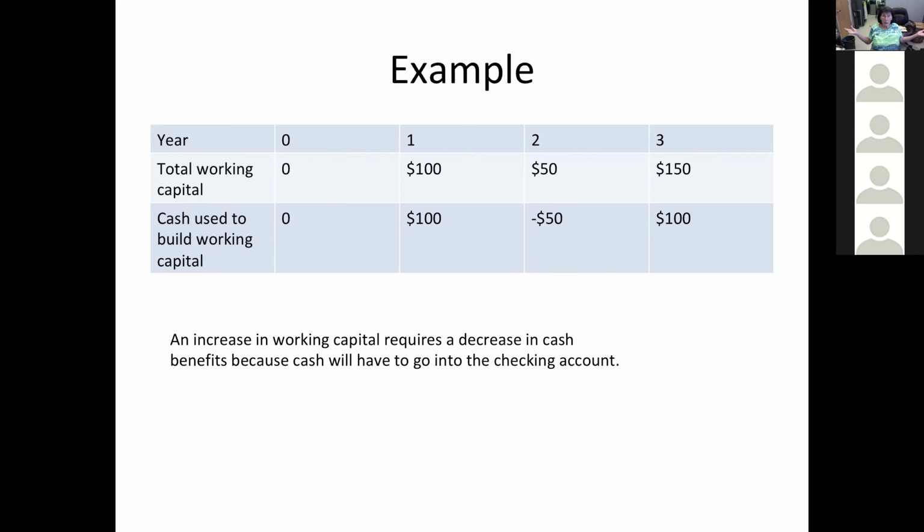And if you don't know what working capital is, you'll be going, well, I don't know what happens. So working capital is that amount of cash that you have to hold. So what it asks you in the problem is, does it go up or down? Cash used to build working capital. So here, that went up, here it went down, here it went up. So if you give me this table, I will count that as correct.